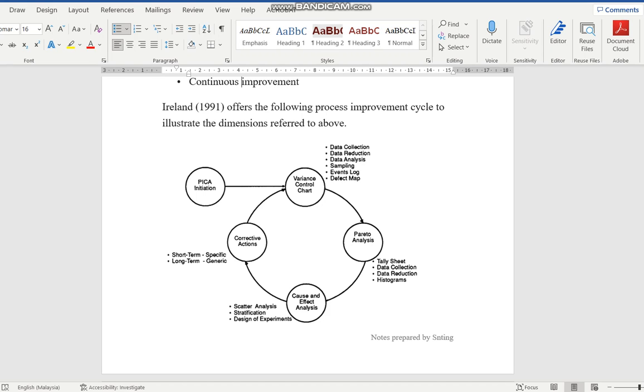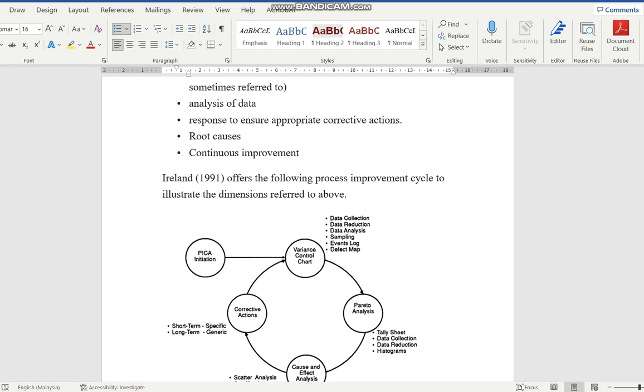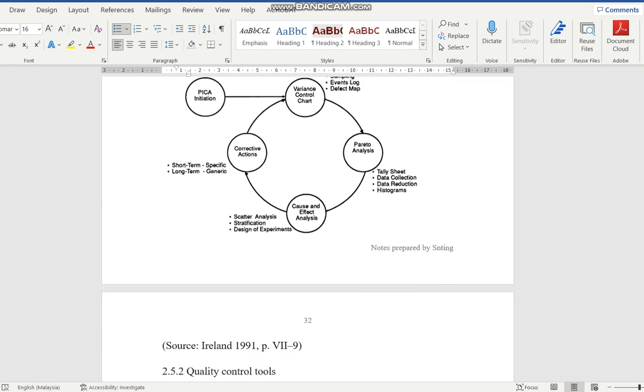With a control chart, any variances that are off the chart, we do corrective actions. But then if you have enough data, you will start to go into cause and effect analysis. And for cause and effect analysis, there are many types of tools to do that. Fishbone diagram, scatter analysis, force field diagram, these are all quality control tools.